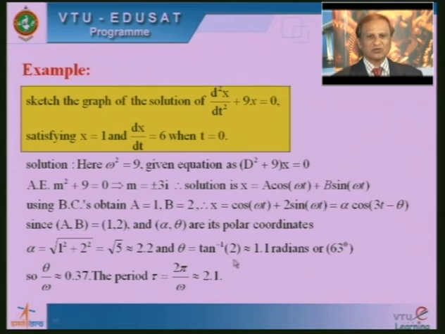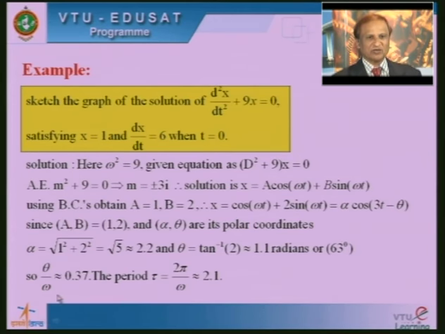You can write 2 divided by 1, and after simplification I hope you will get 1.1 radians or approximately 63 degrees. It means the mass will shift 63 degrees, or 1.1 radians. This is the value of the phase shift.